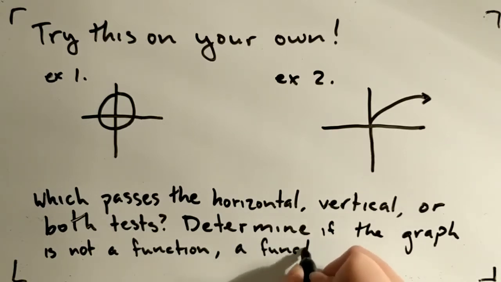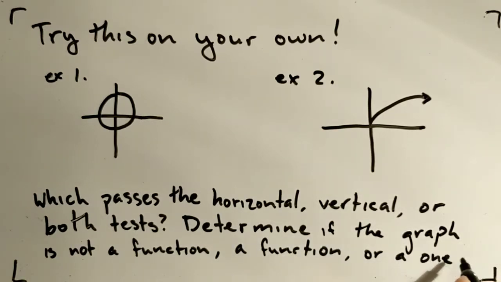After that, determine if it's a function, not a function, or a one-to-one function. So here you can take the time to pause and solve it on your own before continuing to see the results.